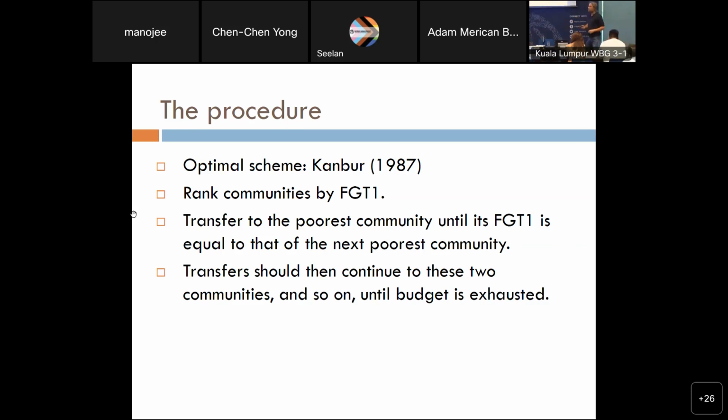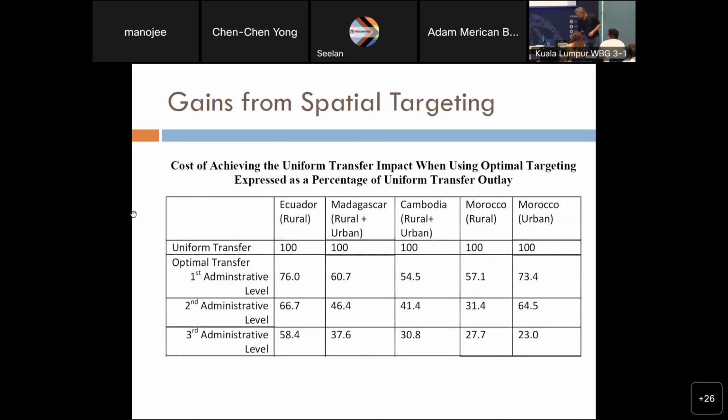Okay, so here is the table. They agreed on a certain amount of money, and that brings about a certain poverty reduction. I forgot from the top of my head what that number is, but for the purpose of this exercise, they did a uniform transfer. Whatever that budget was, you can look up the paper for it, it achieves a certain amount of poverty reduction.